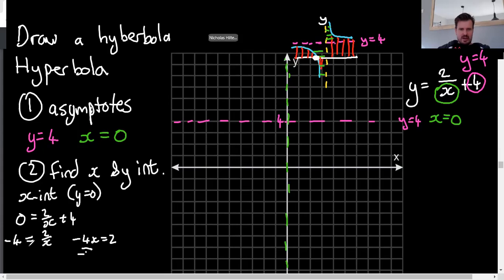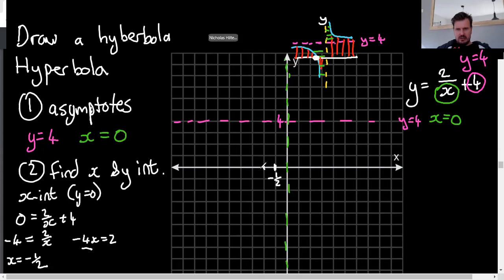Then you divide by negative 4 to get x by itself. And we got x equals negative a half. Okay, so let's make this value negative a half.